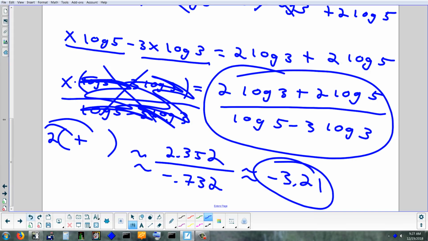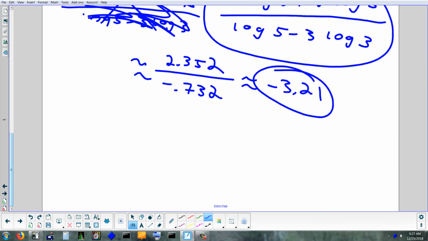So when I changed that to a 9 and that to a 25, this is just kind of a good review for the test tomorrow. If you had something like log 9 plus log 25, how can you combine those together?